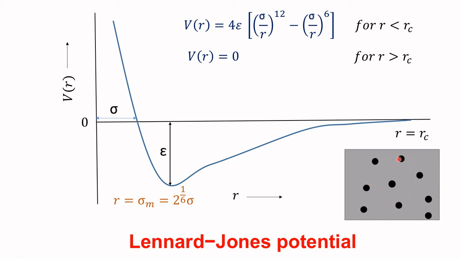To better understand the cutoff distance, let us consider that it is 2.5 nanometers. Now take this particle, and consider all the particles in its neighborhood: this one, this one, this one, this one, and this one. The distance of this particle from all these five particles is less than 2.5 nanometers, or less than our cutoff distance.